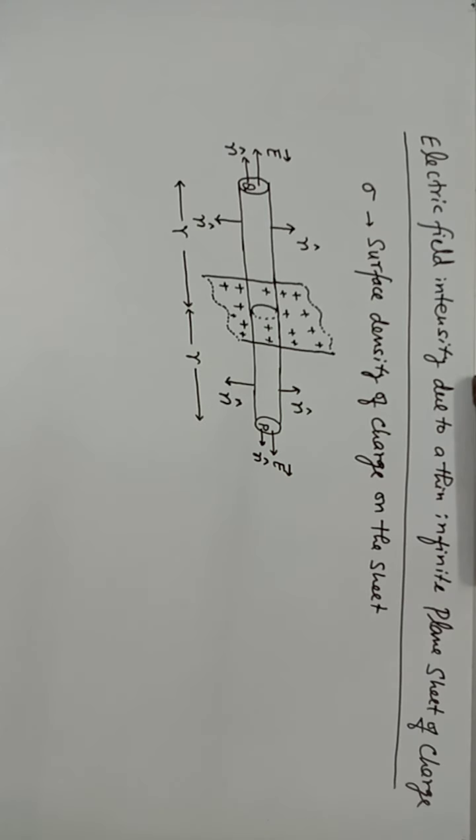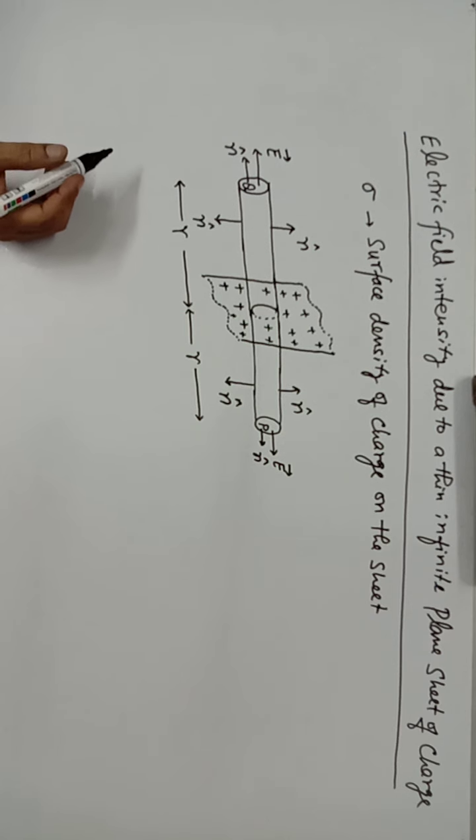Let us imagine a cylinder of cross-sectional area ds around P and length 2r. At the two cylindrical ends P and Q, E and the outward normal n cap are parallel to each other.